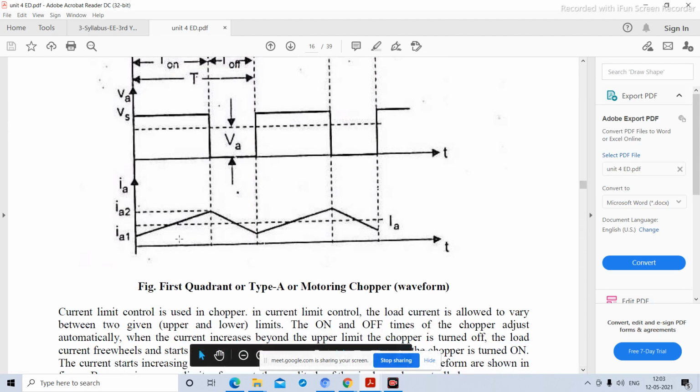And about the current: it increases from the minimum level IA1 to IA2, the maximum level of the current, during the T on period.